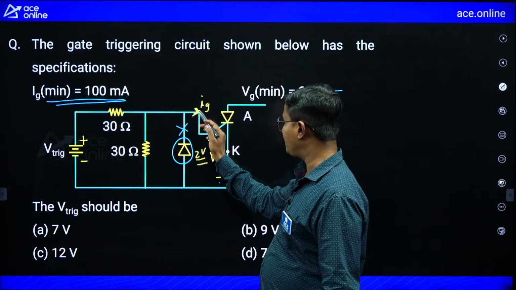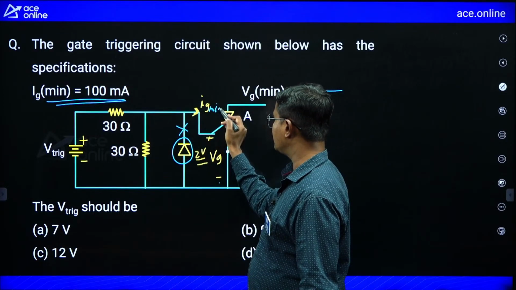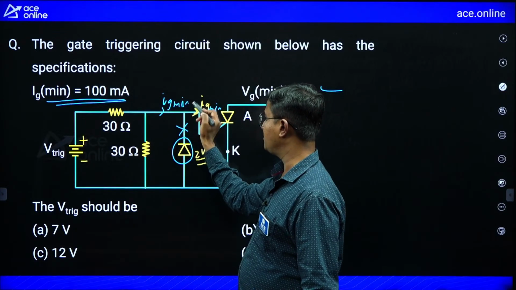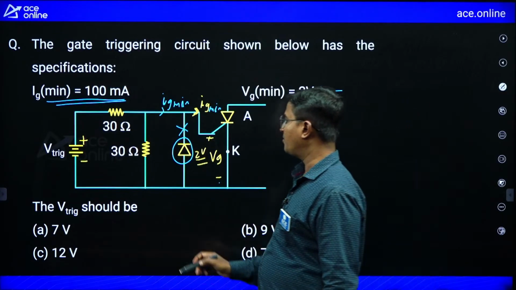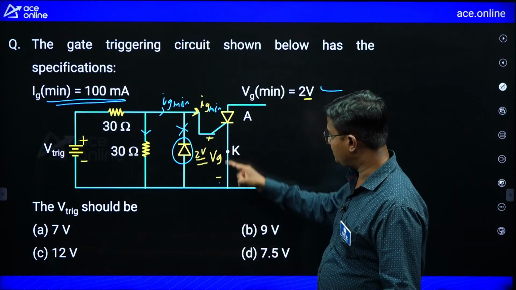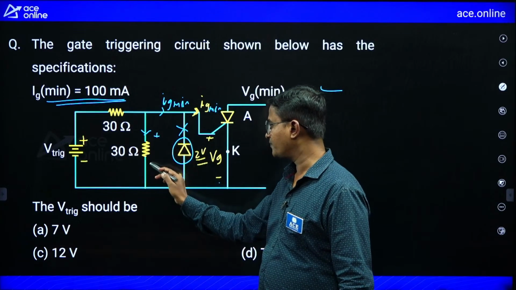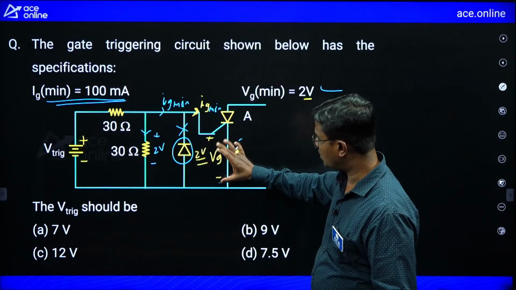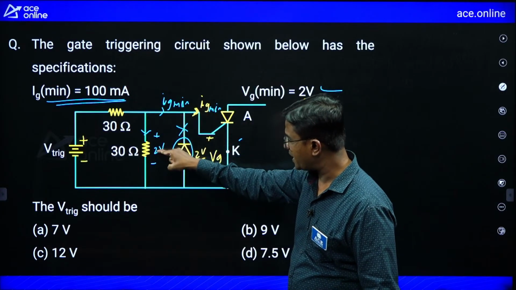So I can say that if here the current is Ig, that is nothing but Ig min, the same Ig min will flow here also. Yes or no? Next, how much current will flow through this resistor? If this voltage is 2 volt, what is the voltage across this resistor? Same 2 volt. The diode is in the off state now, so the same 2 volt will appear across this resistor.